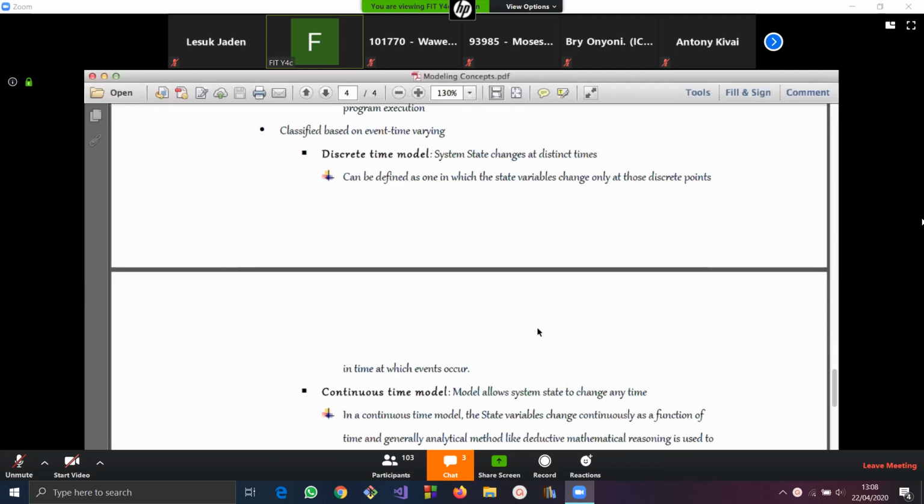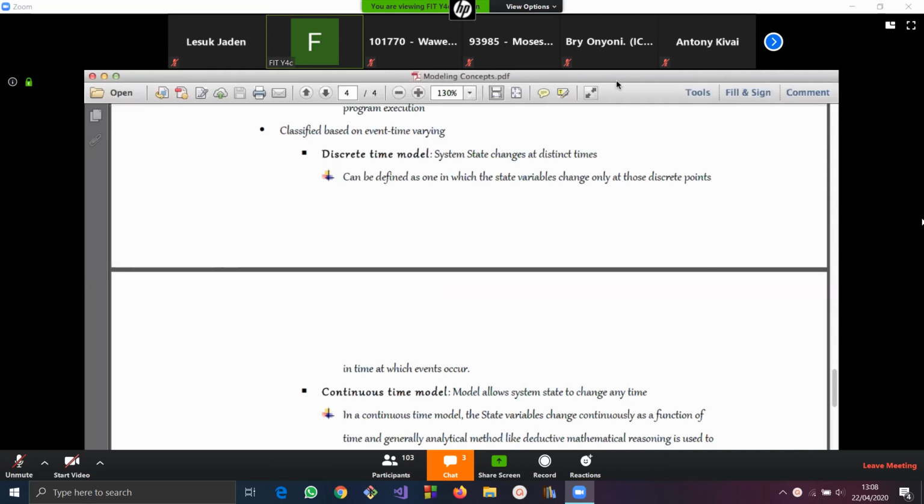Number two, as I said, the other one which is based on time rather than event is what we call the continuous time model. A continuous time model allows the system state to change at any time. What does that mean?